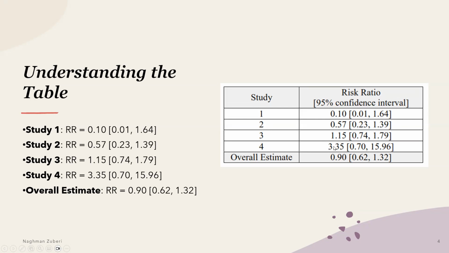And study 4, its risk ratio is 3.35. The 95% confidence interval is between 0.70 to 15.96. So the overall estimate of these studies is a risk ratio of 0.9, whereas the 95% confidence interval is 0.62 to 1.32.